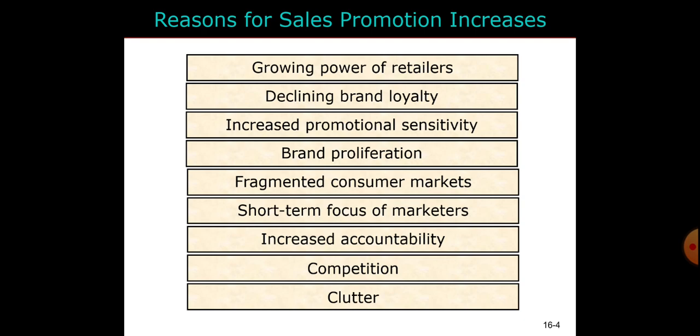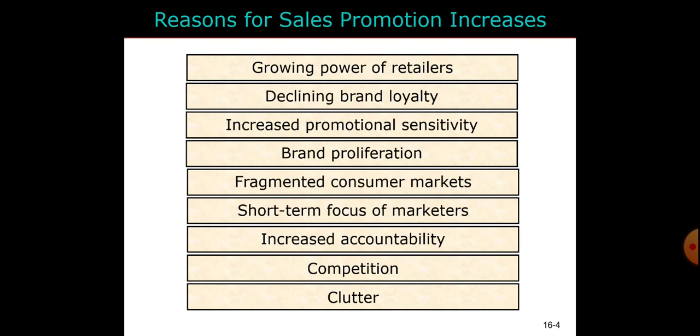Fragmented consumer markets. Fragmented consumer markets means the consumer markets are divided. We have separate markets within consumers itself. For example, middle class customers, super high value customers, value seeking customers, and young customers.